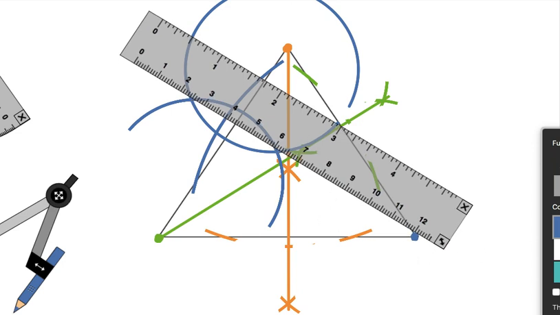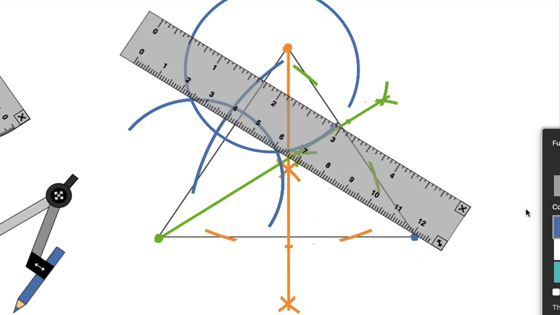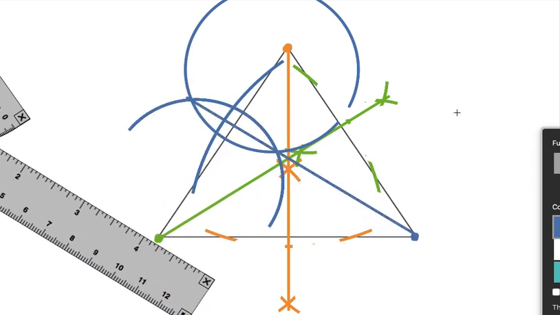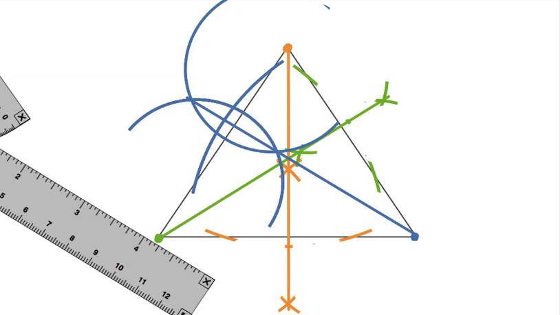So line up that straight edge so that you can draw your straight line through the 2 intersections and that opposite vertex. All right, I'm going to take away some of these construction lines that don't affect the final outcome, only leaving those intersections that I was focusing on.